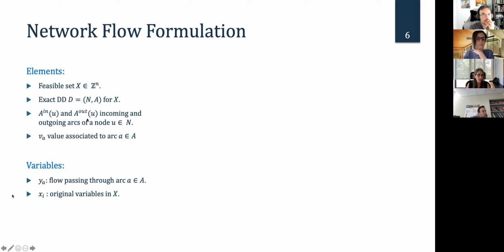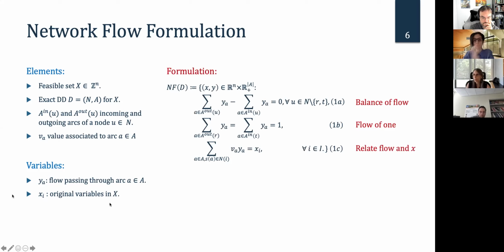We use A in and A out to represent incoming and outgoing arcs for a specific node in the DD. B is the value associated to an arc, or its label, depending on how you want to call it. And the model has two variables, basically. We have the flow passing through each arc of the decision diagram, and we have the original variables that define the set X. So the network flow model, we can see it as follows.